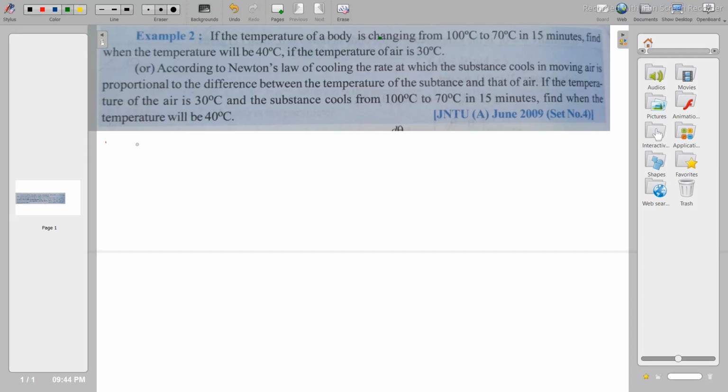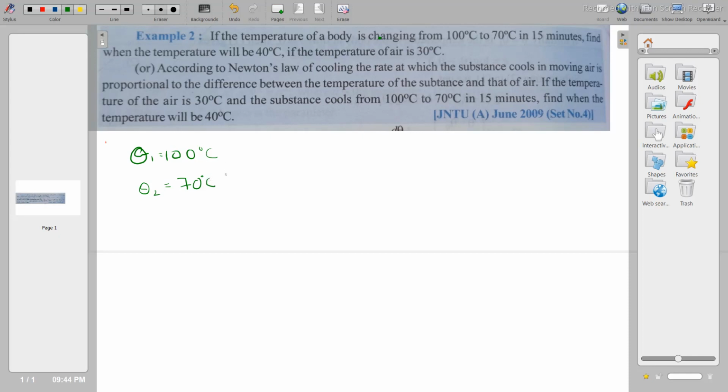If the temperature of the body is changing from 100 degrees Celsius to 70 degrees Celsius, let theta 1 be 100 degrees Celsius, and theta 2 will be 70 degrees Celsius.